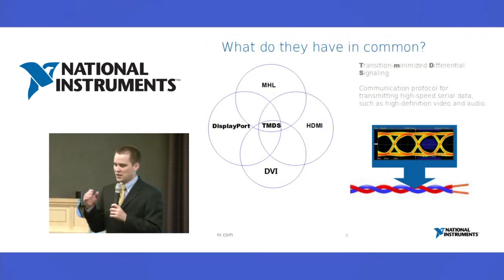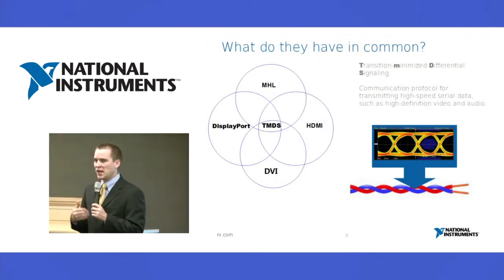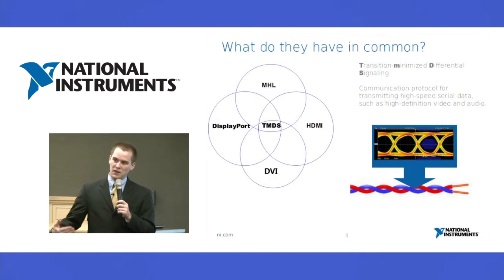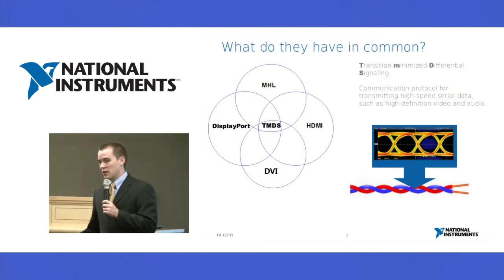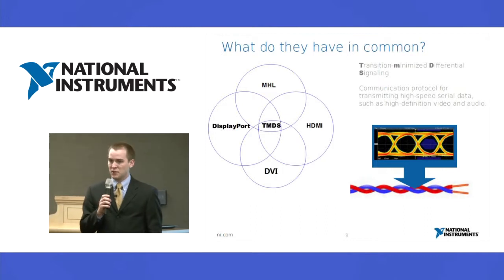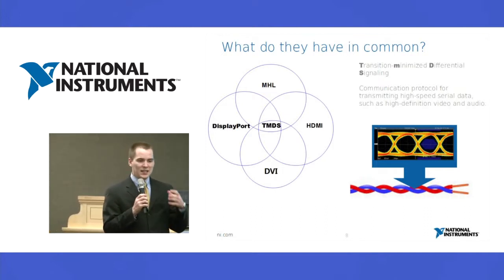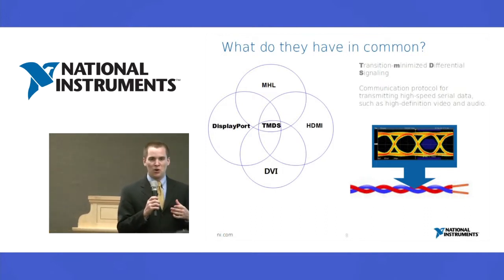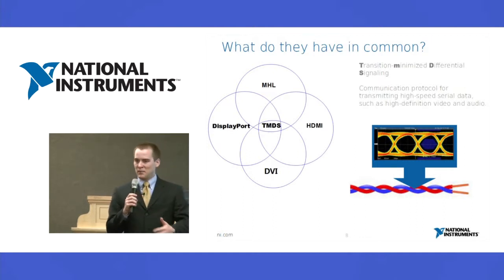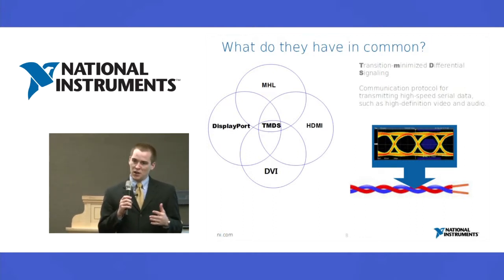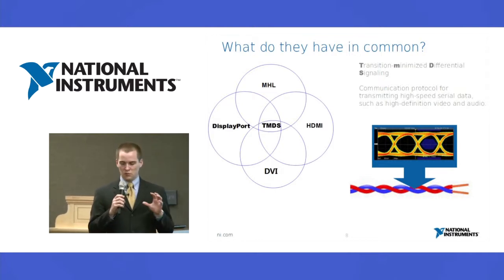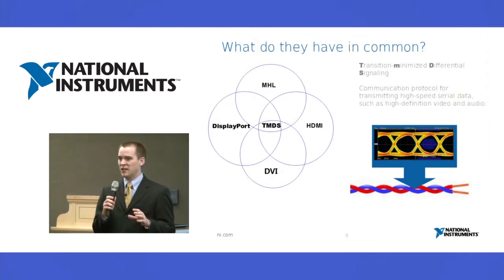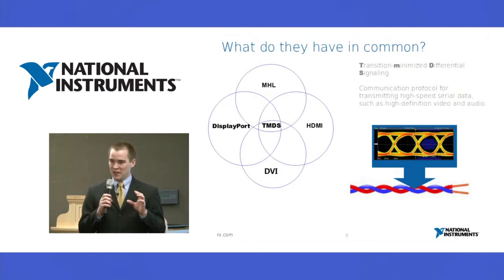And the biggest way that they are similar is the communications protocol that they all use to get information from a source to a sink. They all use TMDS, or transition minimized differential signaling. And this is the high-speed serial communication protocol that allows you to get an immense amount of information and data across this cable. 1080p resolution, 60 frames per second, is half a gigabyte of data a second.